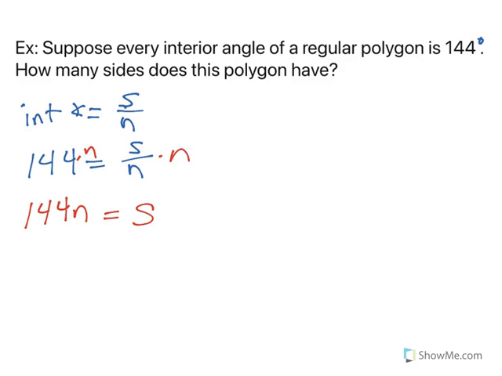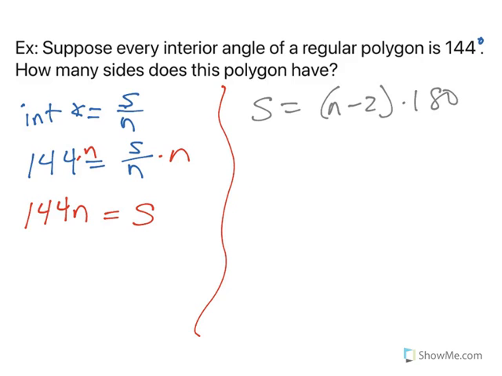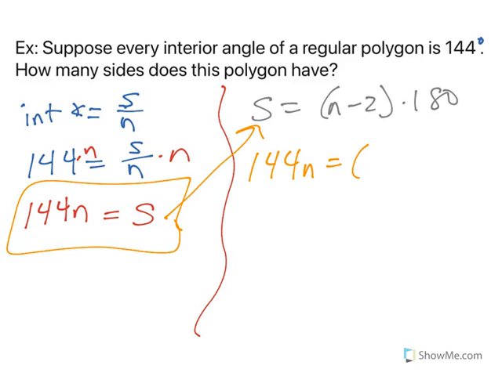So let's think again. Back to our formula: the sum of the interior angles equals n minus 2 times 180. I now know that the sum is the same as 144n, so I can substitute that in. 144n equals n minus 2 times 180.